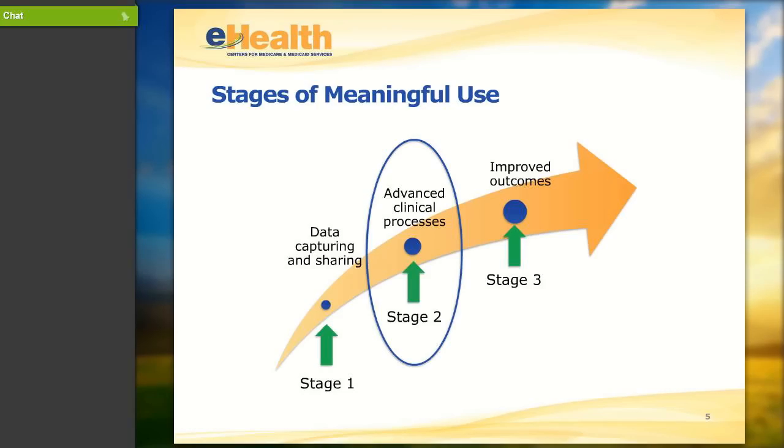So just keep that in mind. Stage 2 will begin next year for those people who either began meaningful use in 2011 or 2012. If you're a provider who this year was your first year of meaningful use, 2013, then 2014 is going to be another year at Stage 1 for you, and you won't do Stage 2 until 2015.